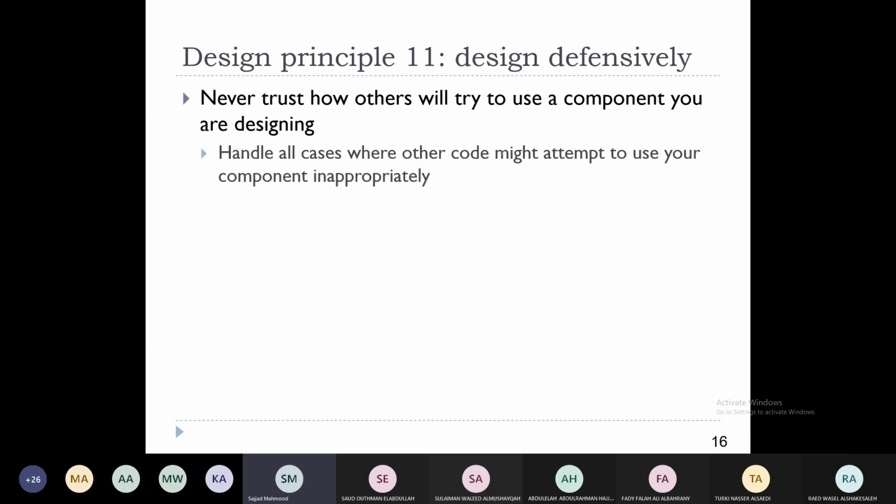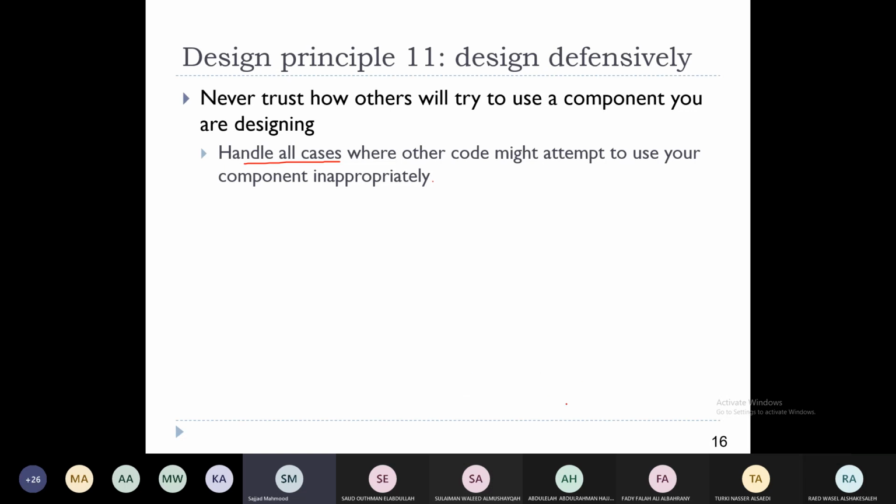So you have to handle cases where your code is passed a wrong parameter, or is called from a wrong sequence, and you don't want your system to be in a state where it's stuck. You always want your system to show robustness, in a sense that it shows a correct error message or some kind of message to the user that something went wrong.